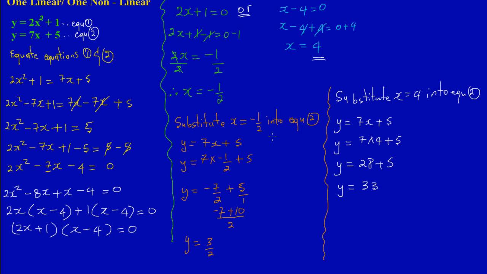So that's it. I have found my two x values, and now I've found my two y values. So therefore it's now time to make our statements. So I can say therefore when x is equal to negative a half, and these statements are very important, y is equal to 3 over 2.